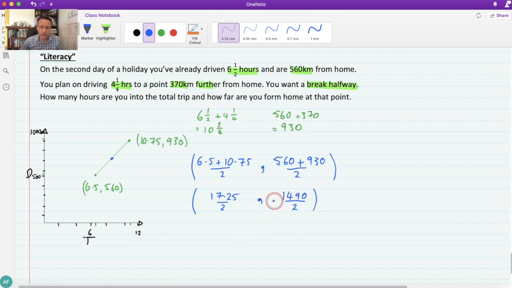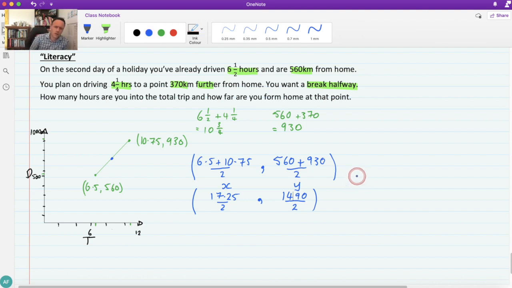So now we just have to halve those pieces. So we've just added the top two, halve both of those. So this will be our x point of the midpoint and the y point of the midpoint. 17.25 divided by 2 is, we've got 8 point. Let's throw that open to the calculator. My brain is not quite there today.